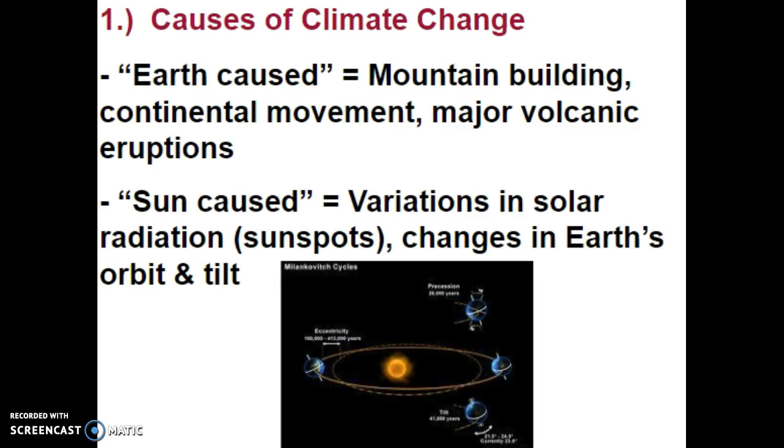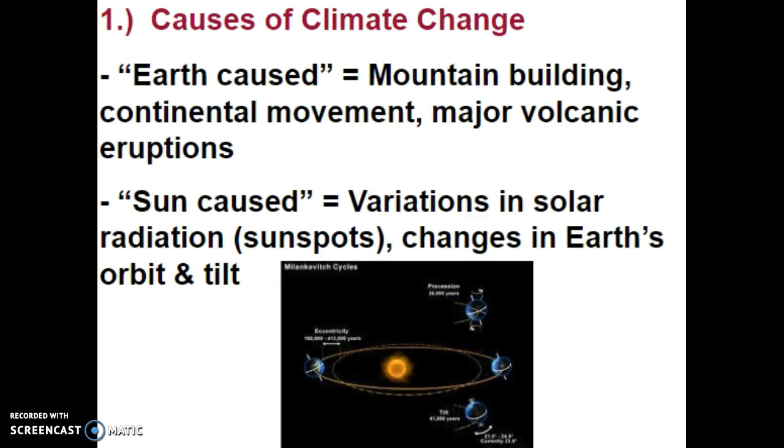With very major volcanic eruptions, we get a lot of ash in the air, which can block sunlight for a very long period of time, causing temperatures to be cool for a short-term change. Then we have some orbital or sun-caused reasons for climate change. There are variations in the amount of solar radiation that the sun puts out.